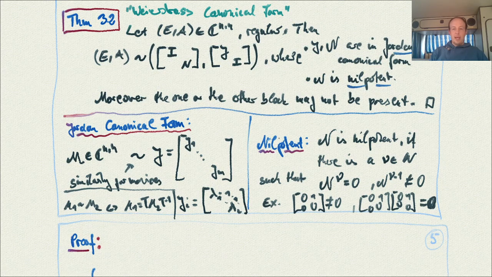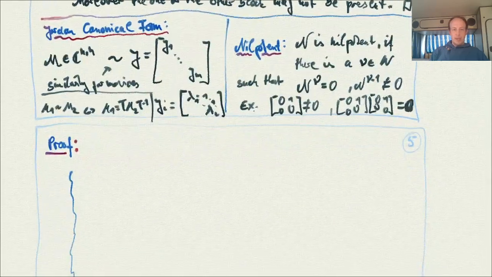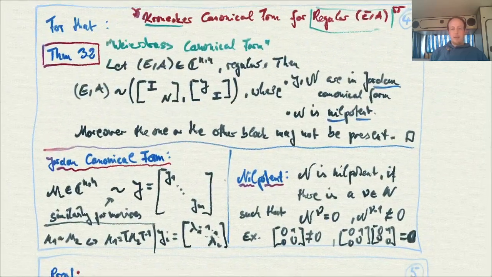Nil means 0 in English too, and potent, so there's a certain exponent for which this will be 0.